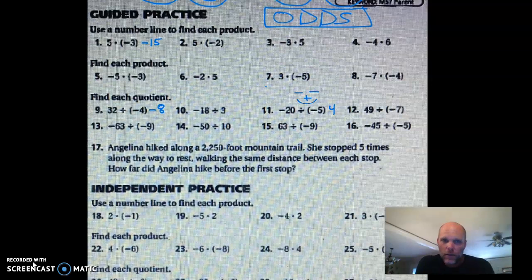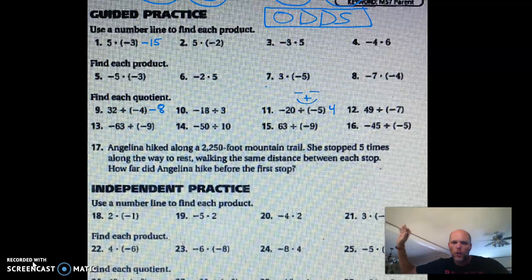I'm going to read number 17 for you. I'm not going to help you do it, but I'm going to read it for you. Angelina hiked along a 2,250-foot mountain trail. She stopped 5 times along the way to rest, walking the same distance between each stop. So how far did Angelina hike before her first stop?